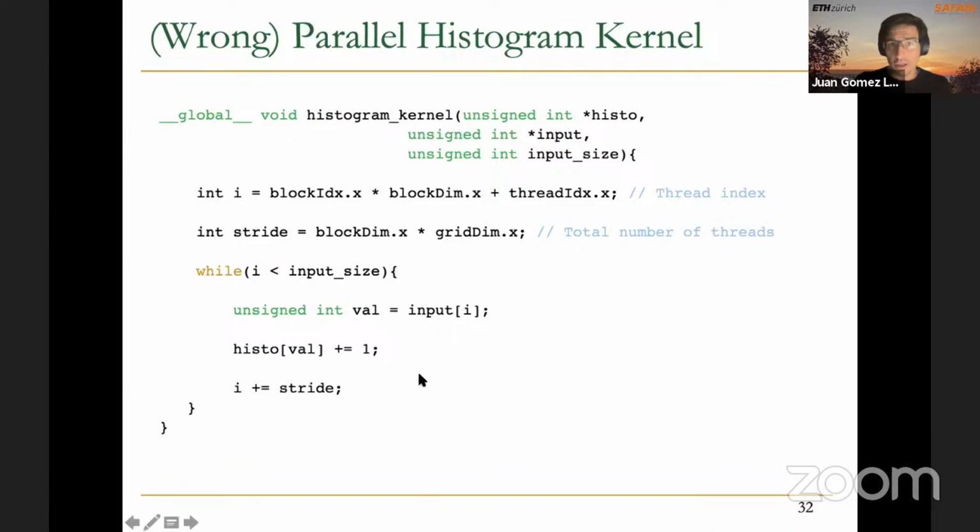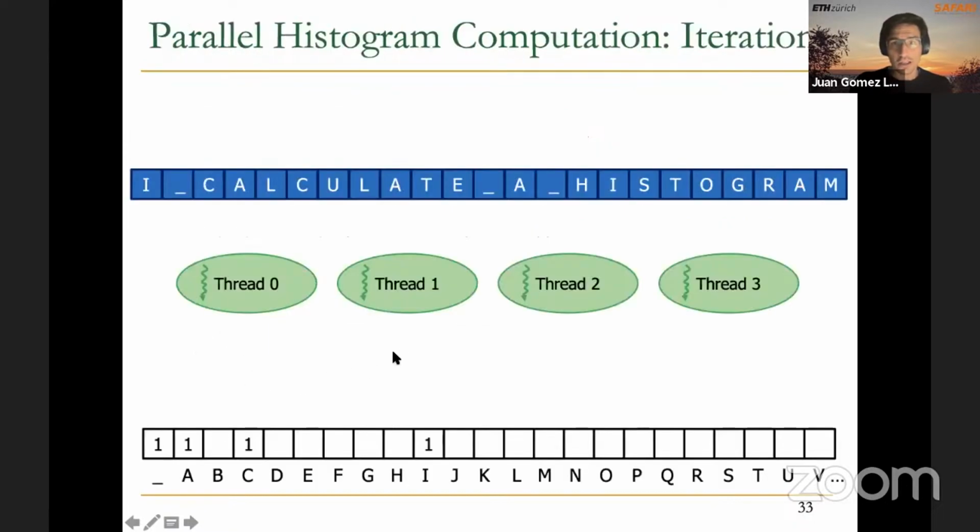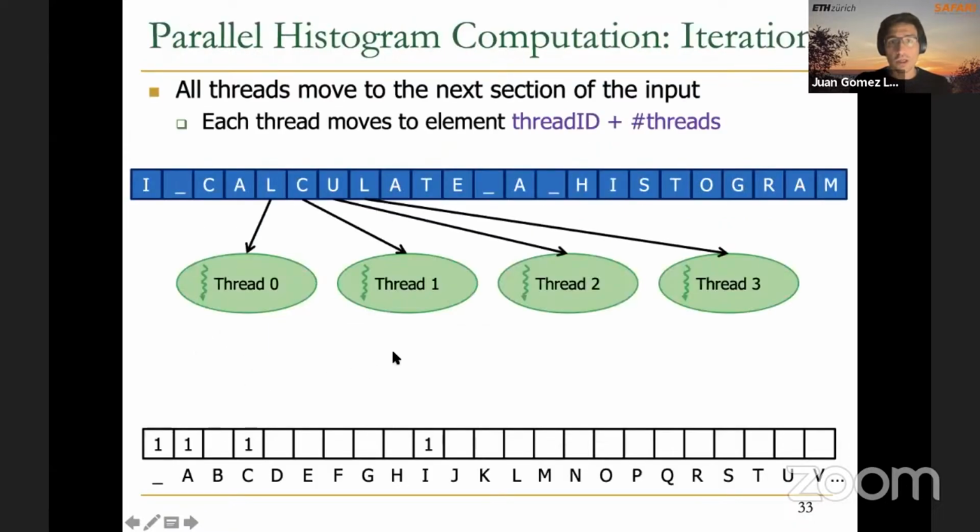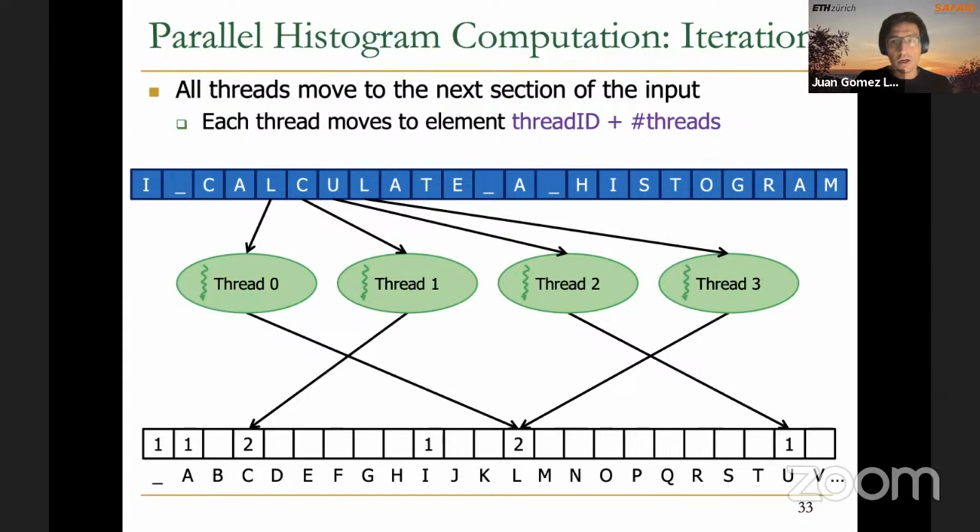But there is a problem in this code. That's why I'm saying here that it is wrong. The reason is that we are not using the right instruction in this line. In this example, you can see that after the threads move to the next element, there are some conflicts that appear. And this conflict is essentially a data race.